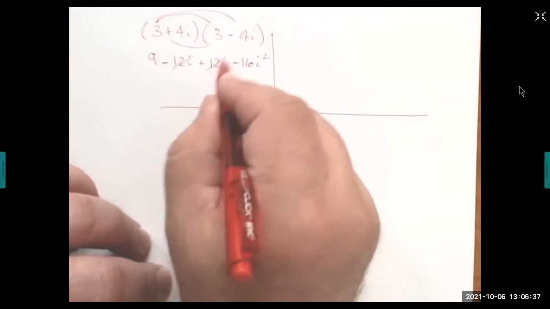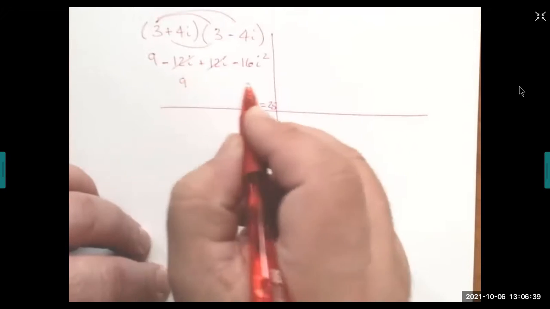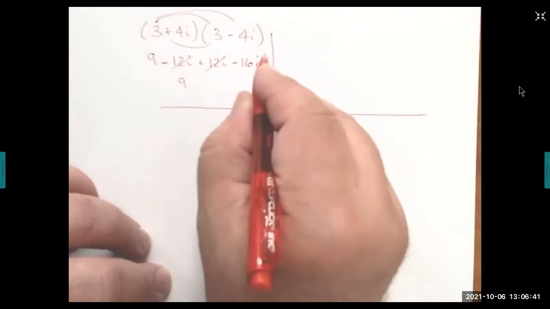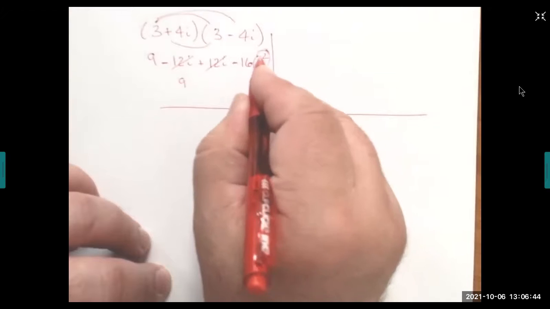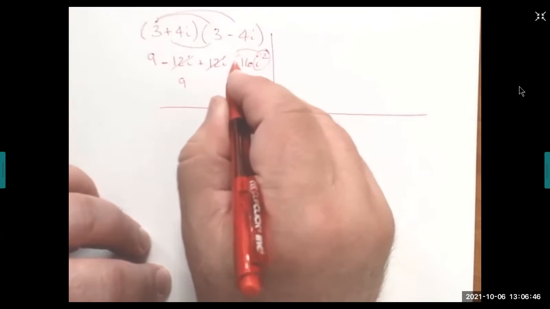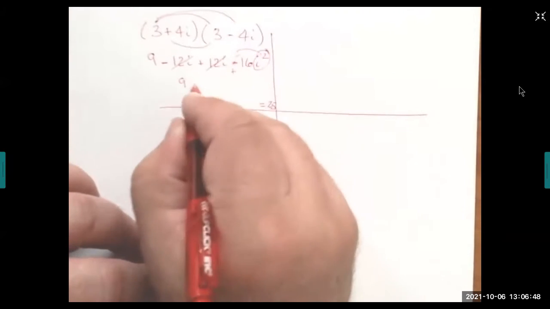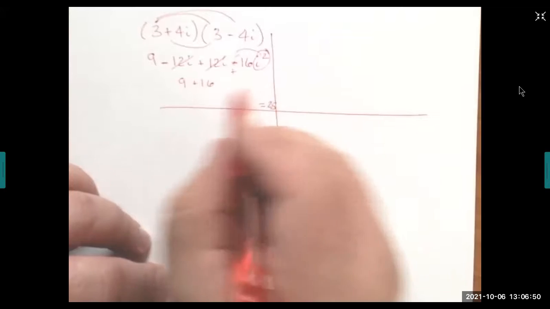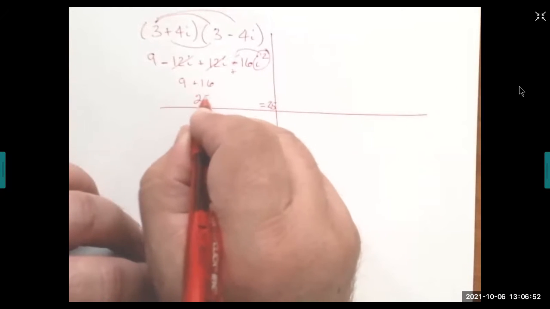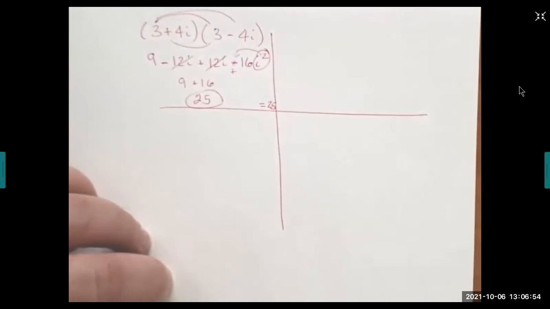Combine like terms. This i squared changes the sign from negative to a positive. 9 plus 16 is 25.